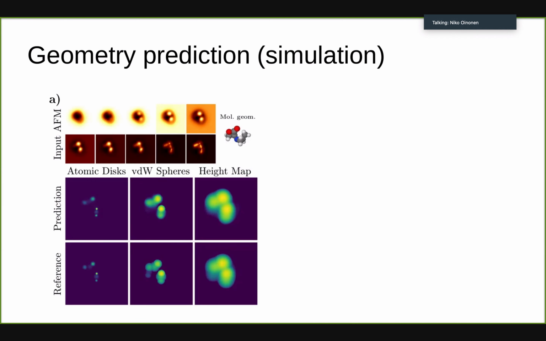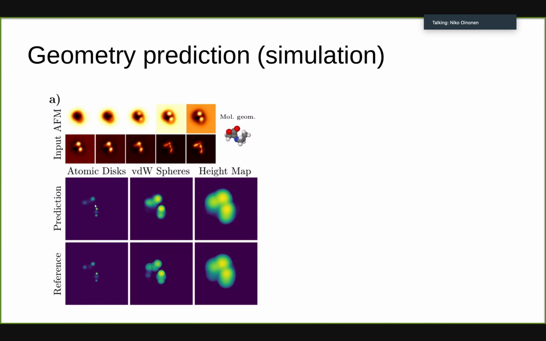Then finally going into the results. First for the geometry prediction, and this is for the simulations, with a couple of examples here. At the top, we have the AFM image, which is given as the input to the model. Then there's the original molecule geometry.